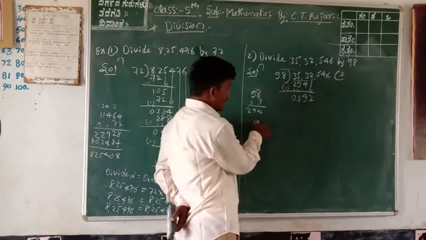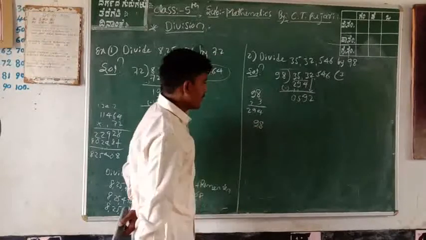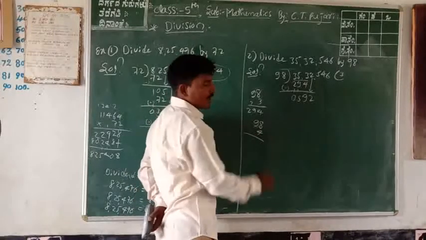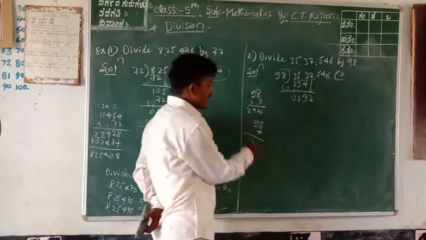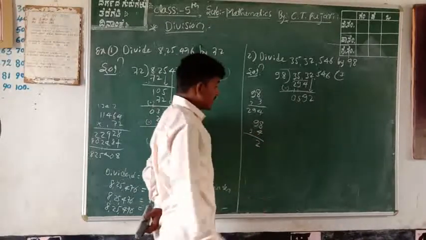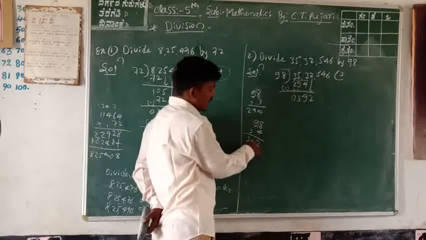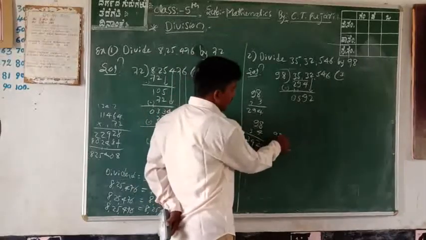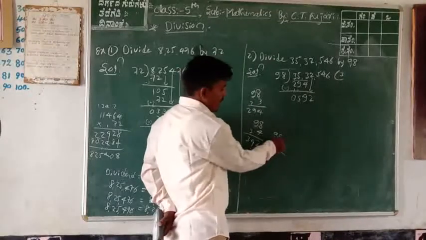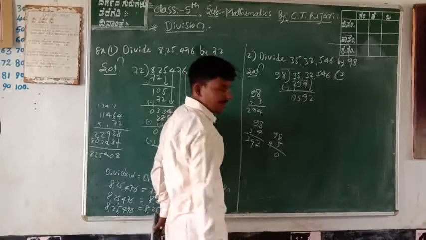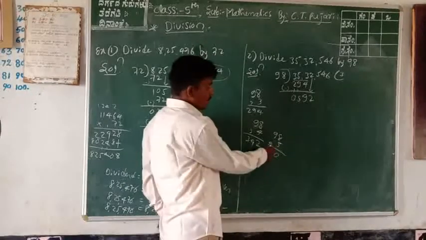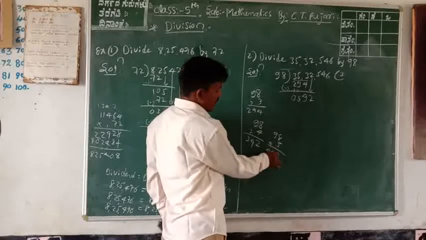Therefore, again 98. You can take 4s. 4 8s are 32. 4 9s are 36. 36 plus 3 is 39. But you can take 98 5s. 5 8s are 40. 5 9s are 45. 45 plus 4 is 49.